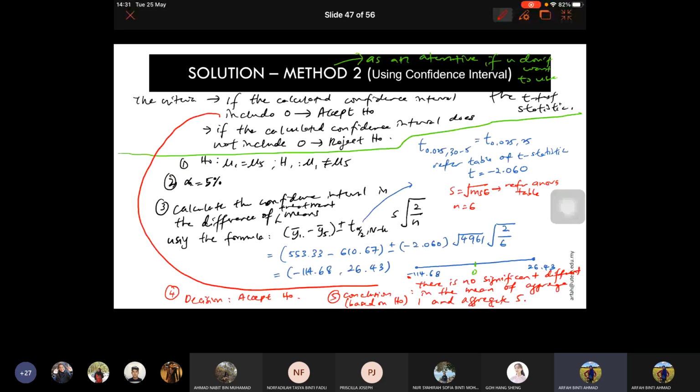Then kita akan tengok exercise on this analysis of variance. Done?